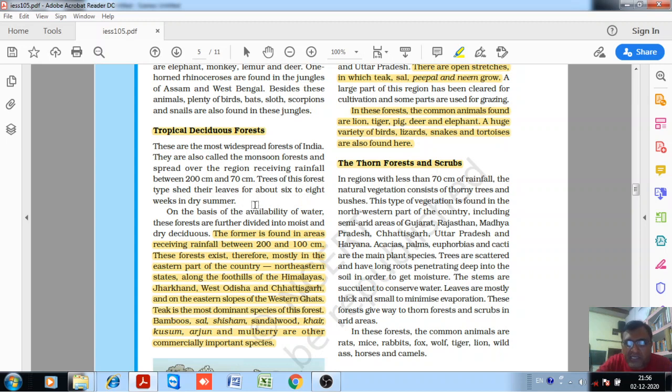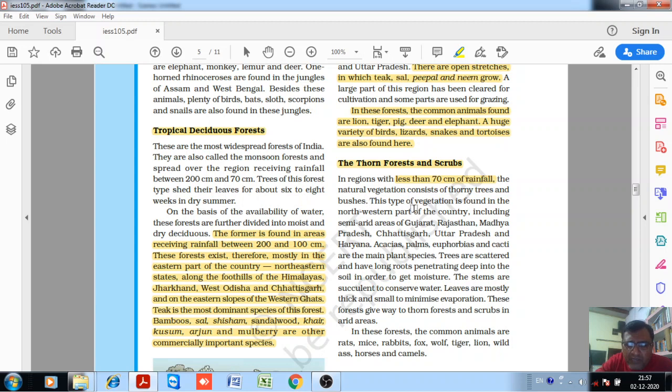So it is very easy to learn and to distinguish different types of forests also. So on the basis of the rainfall, this is less than 70 centimeter of rainfall. The forests are thorn forests.